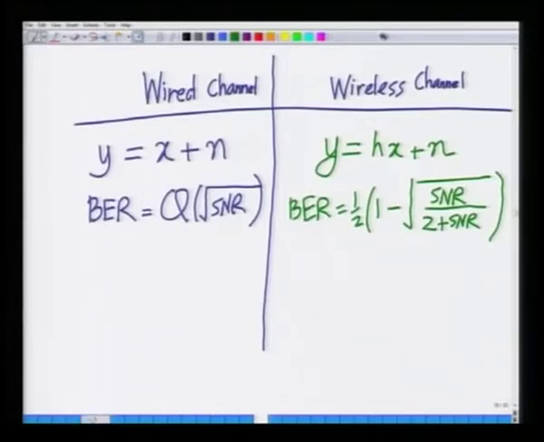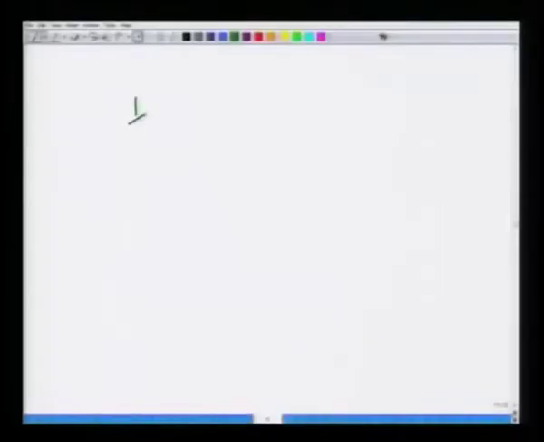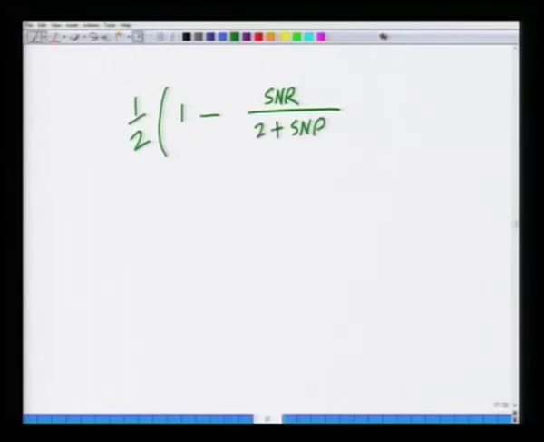Now, let me simplify this bit error rate expression a little further, to give you a more intuitive feel for how the bit error rate of this wireless communication system behaves. This bit error rate is half 1 minus square root of SNR over 2 plus SNR.